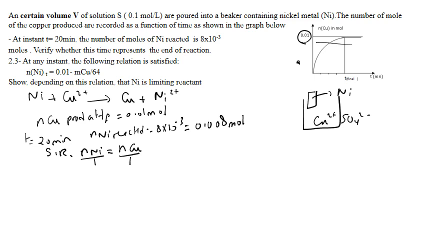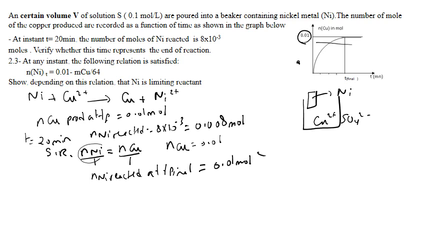But we know that at T final, the number of mole of Cu is equal to 0.01. Number of mole produced at T final depends on the number of mole of Ni reacted. So we can get number of mole of Ni reacted at T final according to the number of mole of Cu given. It is equal to 0.01 mole, which is greater than 0.008 mole reacted at time equal 20 minutes. So by comparing the two values, we can notice that T final is not 20 minutes.